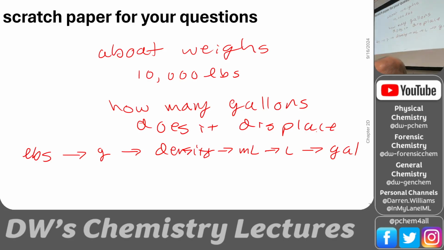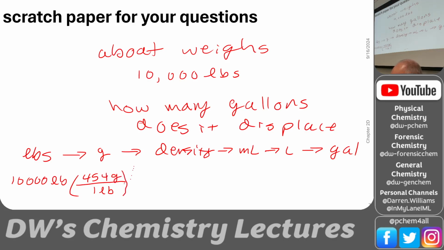So let's just build up the conversion factors. This is a little bit harder than the one on the test, okay? But not totally unreasonable. So 10,000 pounds. So 1 pound is 454 grams.